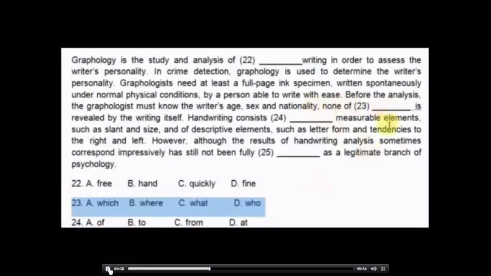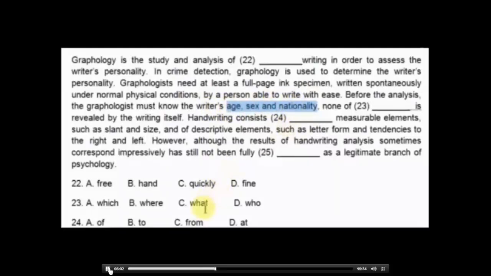None of which is revealed by the writing itself. This word which replaces what things? Replaces age, sex, and nationality. It's not where, because they're not talking about places. They're not talking about stores or buildings.